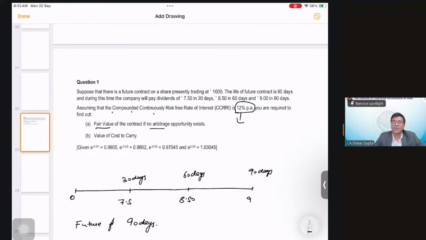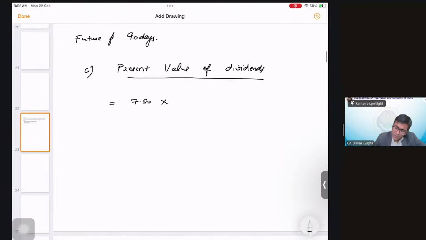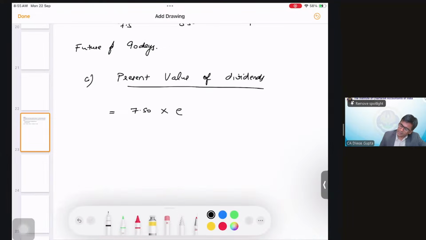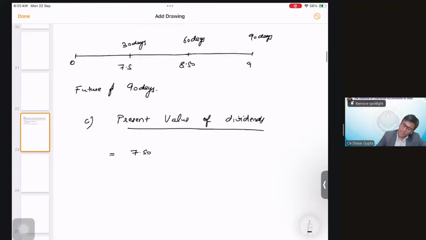We have been given a rate of 12%, but this is a continuously compounded equivalent rate. And we have also been given e raised to the power some of the values, right? So we will make use of this. So e raised to the power, okay, wait, let me just explain you clearly. So what happens, students?